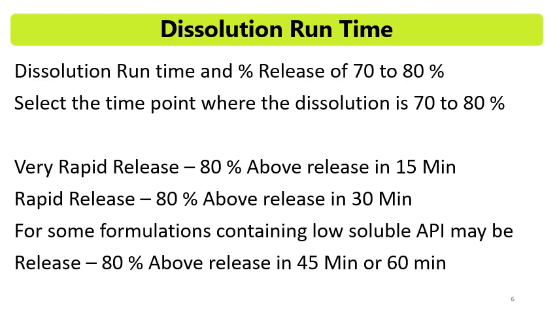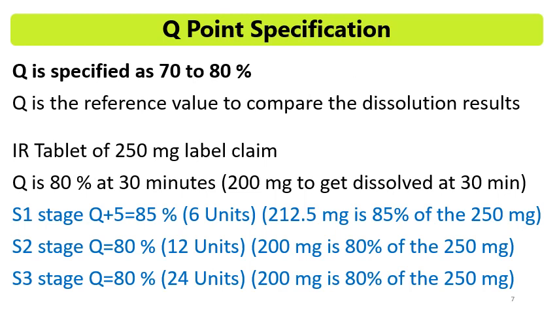And then the discriminatory power is required to be shown and demonstrated with that final dissolution condition and the specification. So now Q is specified as between 70 to 80%, and also Q is the reference value to compare the dissolution results.